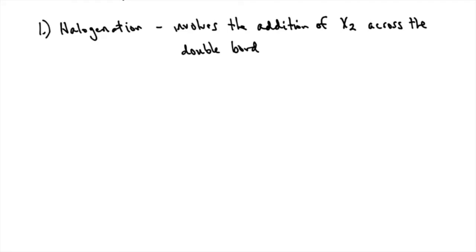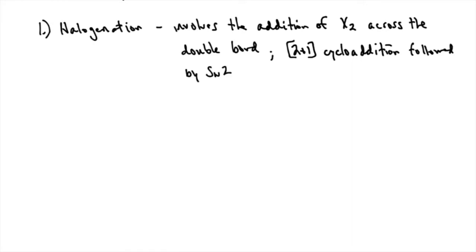So the halogenation reaction involves a 2+1 cycloaddition in the first step, followed by an SN2. So how does this work?